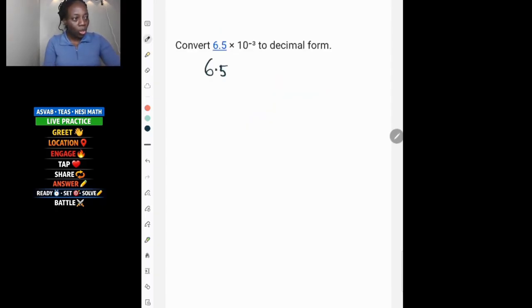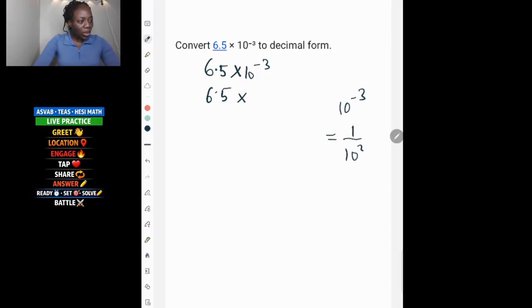6.5 times 10 raised to power minus 3. The quick way to do this: remember indices from our high school mathematics? I don't know whether we remember what we call indices. If you remember indices, when you have 10 raised to power minus 3, it is the same as 1 over 10 raised to power 3.